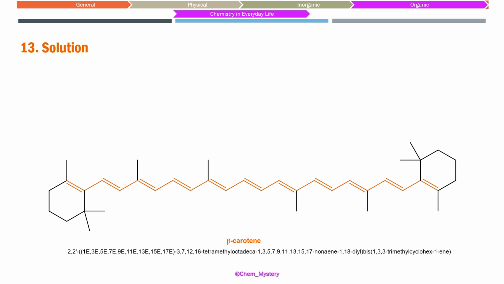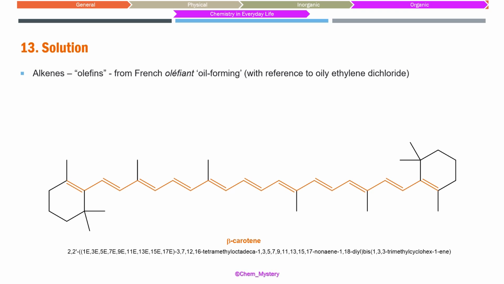When we say alkenes, we remember their name was olefin, which comes from oil-forming. The idea was these compounds have some affinity to mix with organic solvents, or at least with oil compounds, which have relatively less polarity. And because of their less polarity, they are going to be soluble in oils and fats.